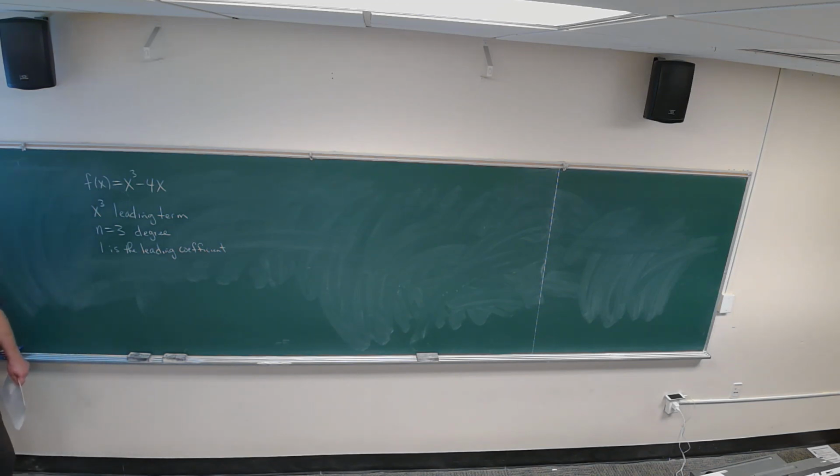So immediately we know what the end behavior is in the graph of this polynomial function. This is the leading term, odd degree, positive leading coefficient. Does the left end of the graph go up or go down? Goes down.